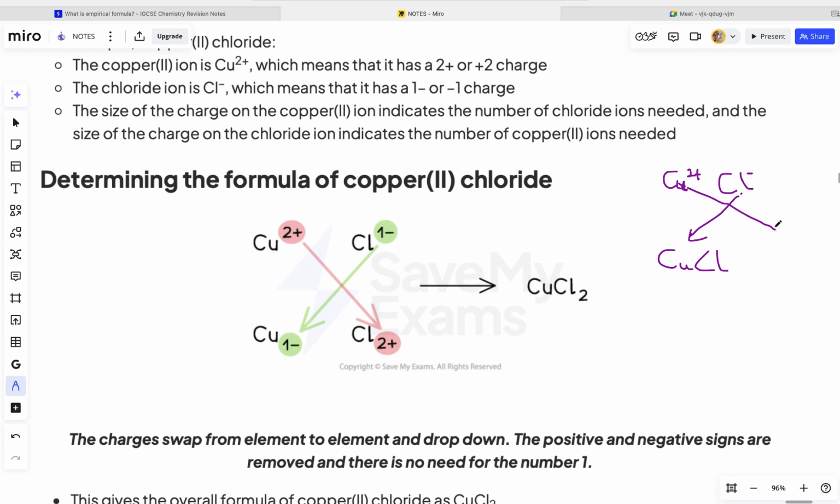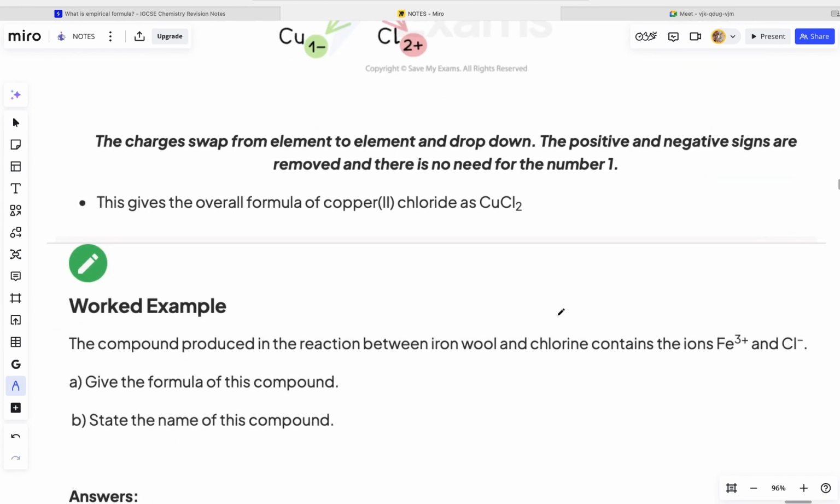We drop the signs, the plus and minus. So we get CuCl2. So this becomes the chemical formula of copper 2 chloride. So we must learn how to write chemical formulas. It's very important for us to progress in chemistry.